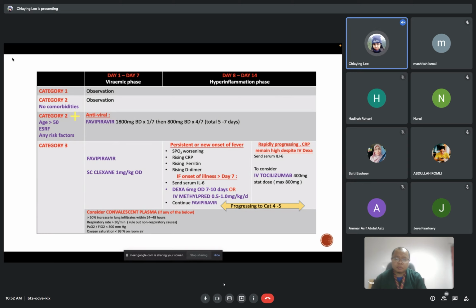And for Cat 3 and above, basically for all patients, we need to give anticoagulant and steroids, especially if the onset of illness is more than 5 days. We need to start them on DEXA. Okay.